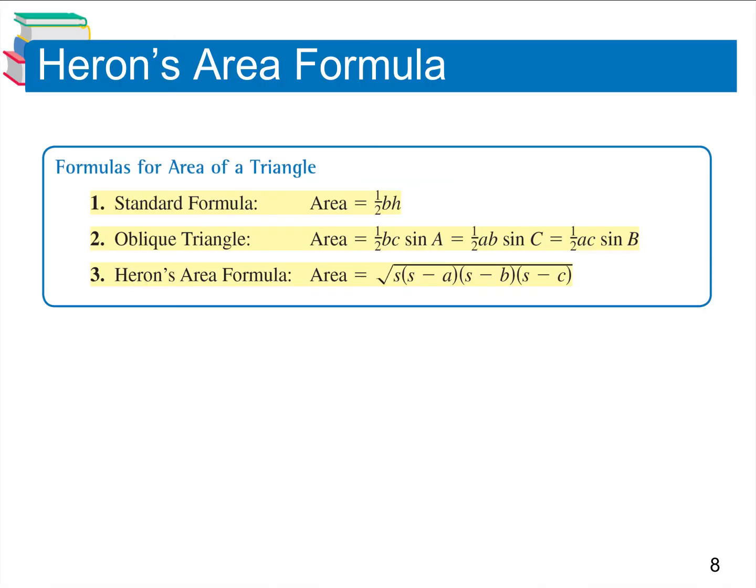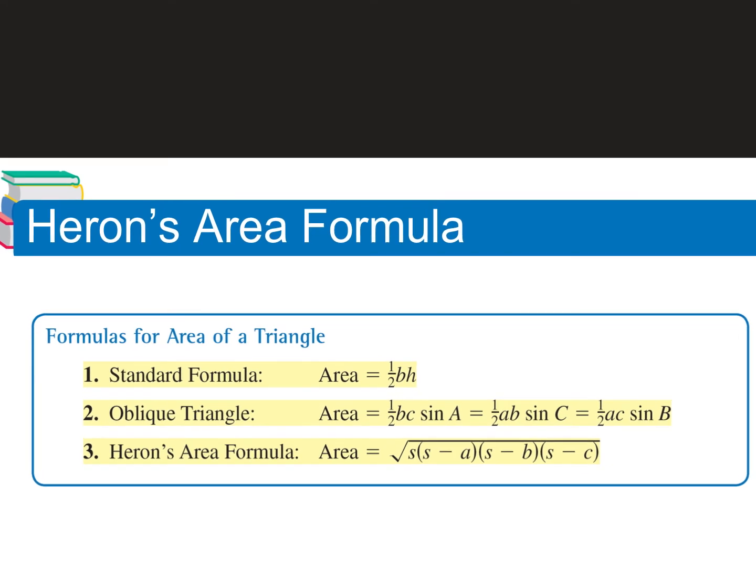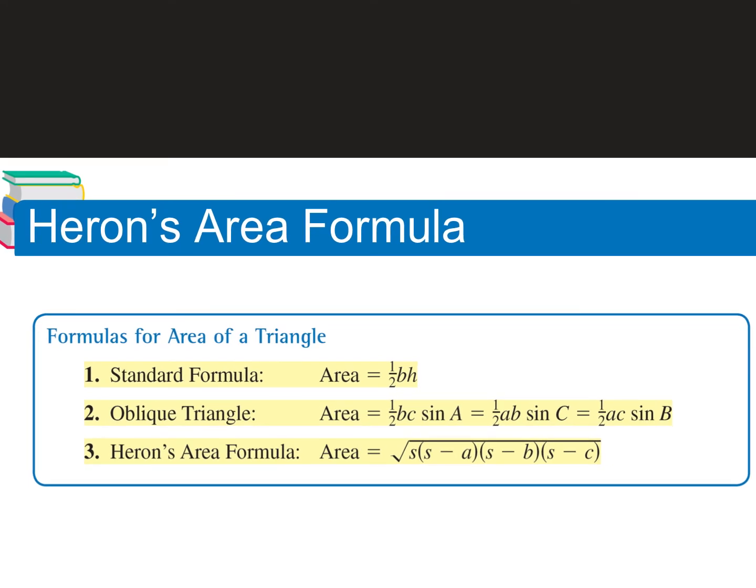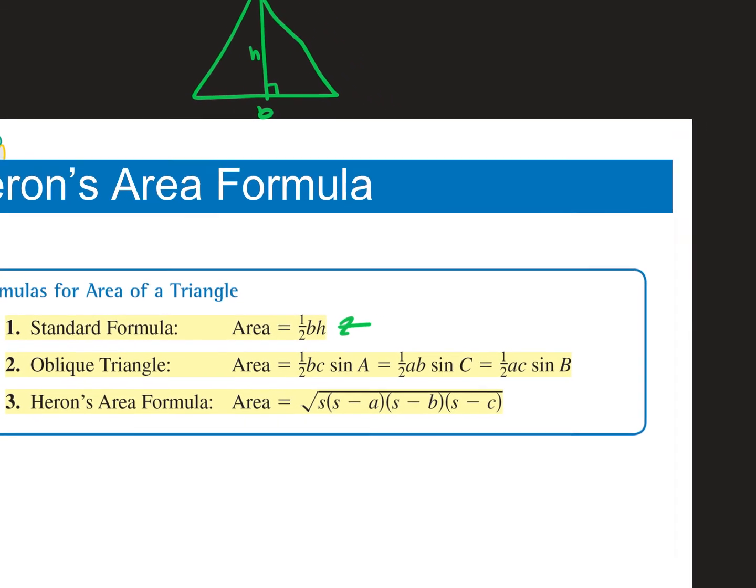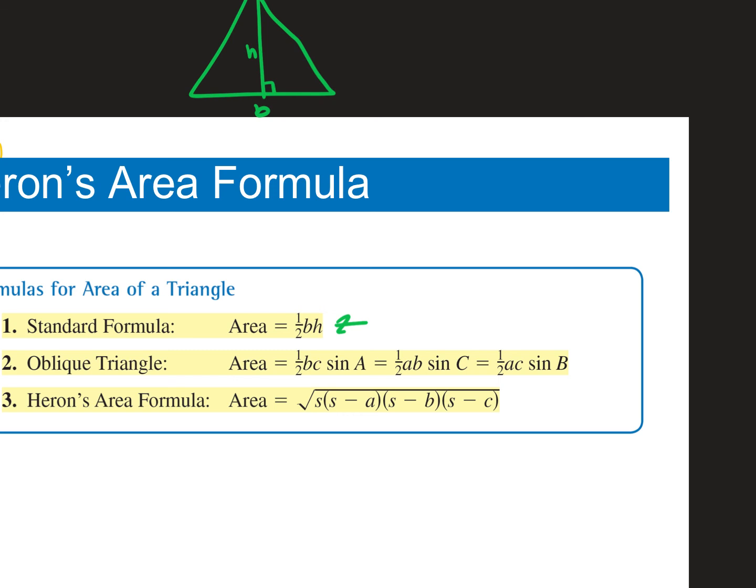All right, so we have 3 formulas that we could use for a triangle. First one is our standard formula, which we all have seen before. So if I had a regular triangle with the base and the height has to be perpendicular to the base, I could use 1/2 base times height. If I had an oblique triangle, meaning that it's not a right triangle and I don't know what the height is, I can use my law of sines area formula.